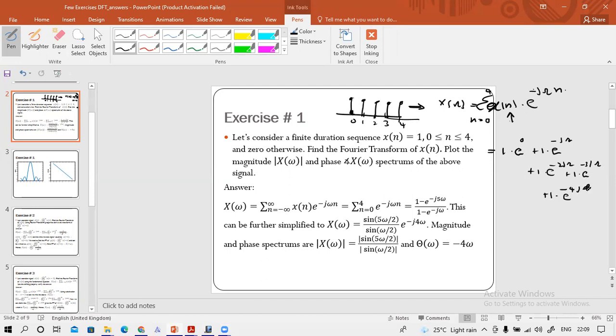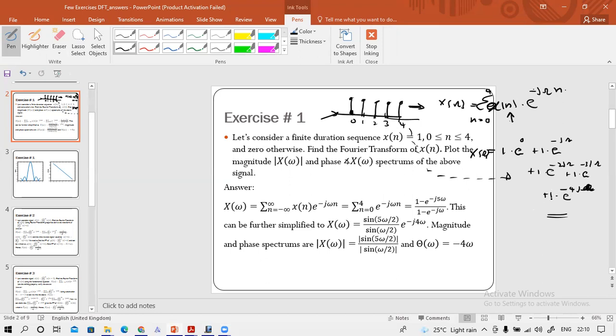You have these terms, and this is X(omega), the discrete time Fourier transform of this sequence. Very easily you can find this.